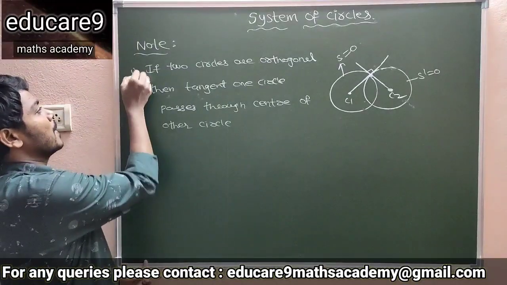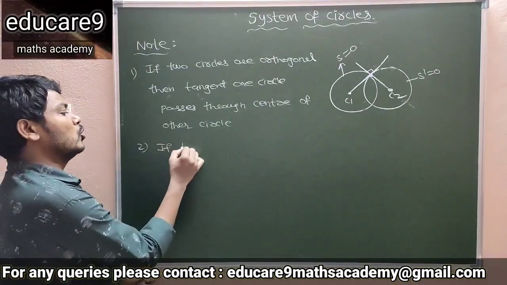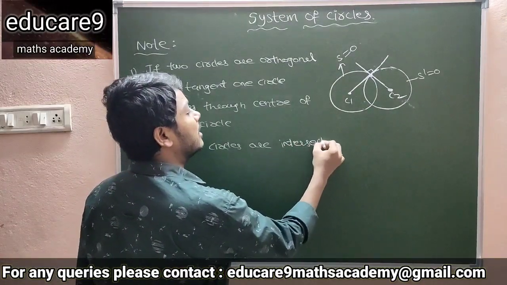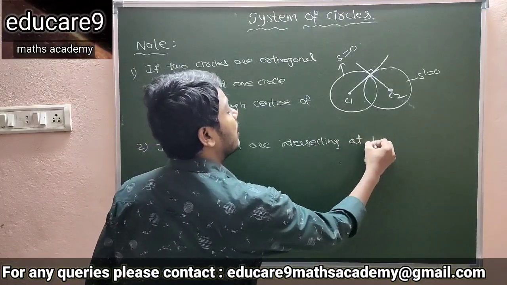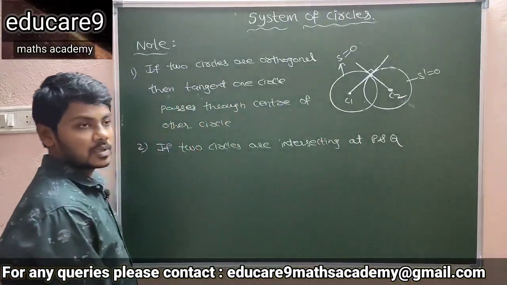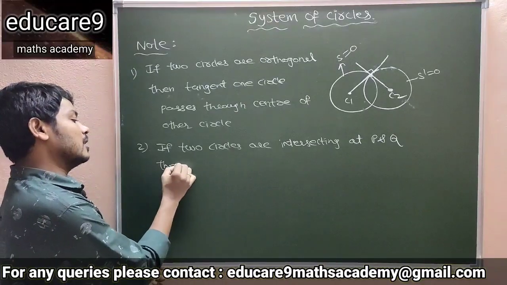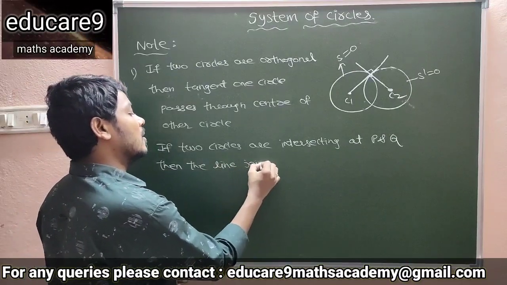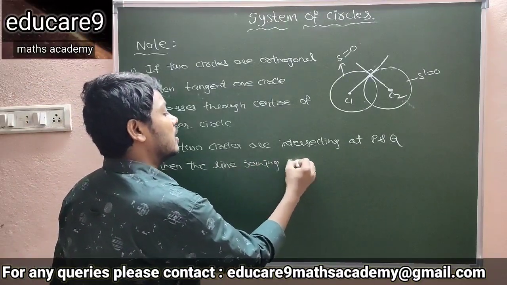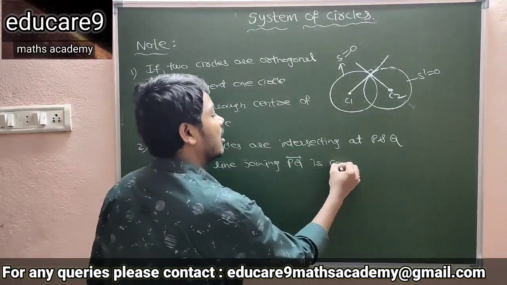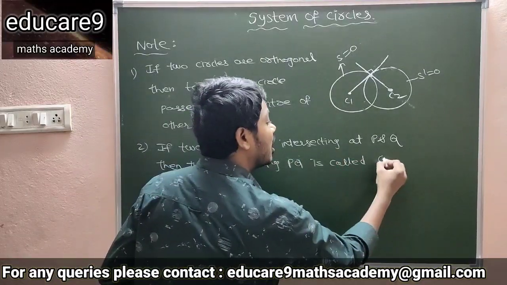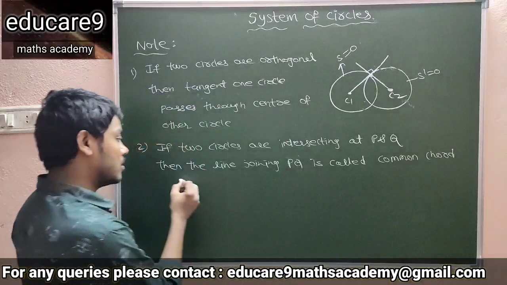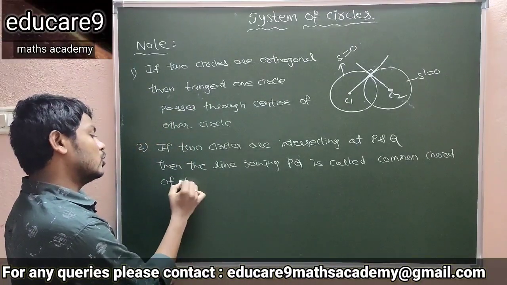See our next one. If two circles are intersecting at P and Q, then the line joining PQ is called the common chord of two circles.